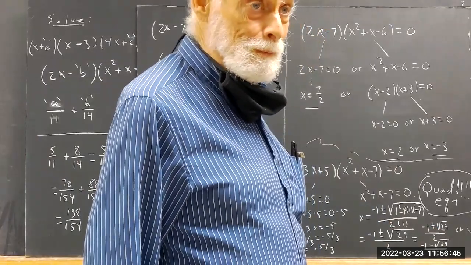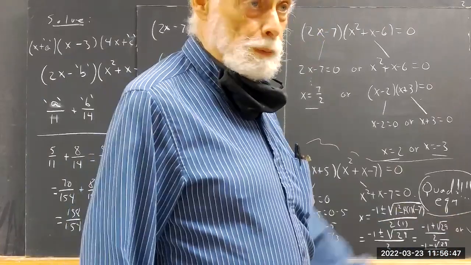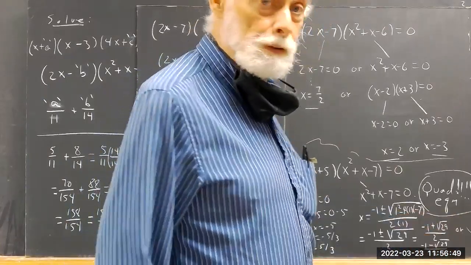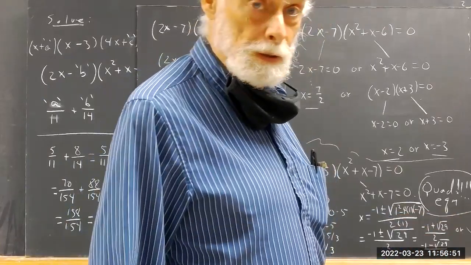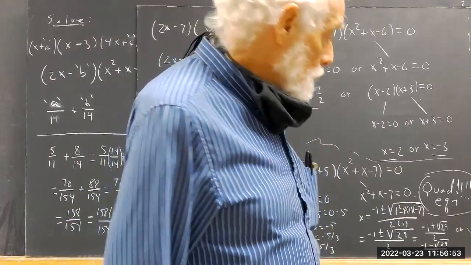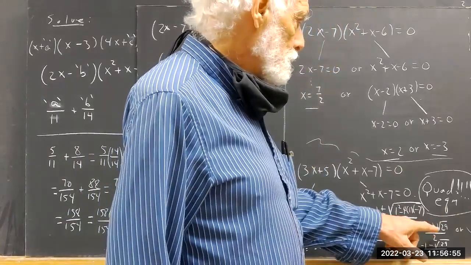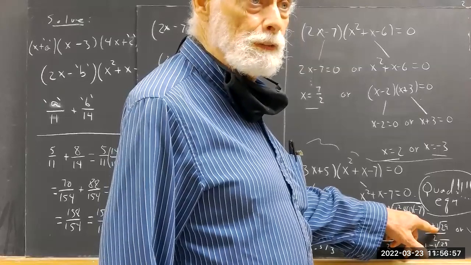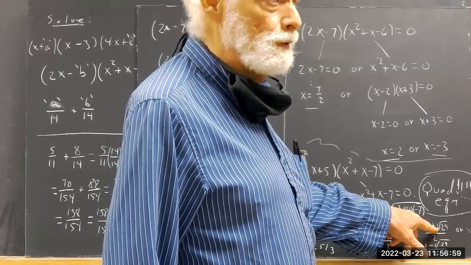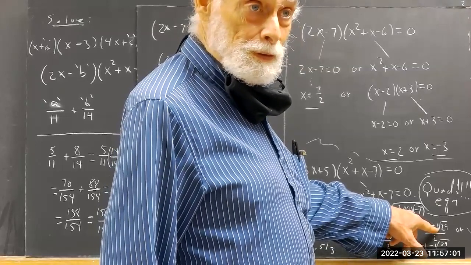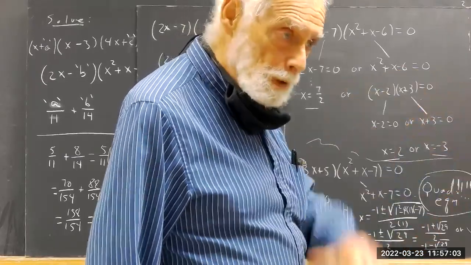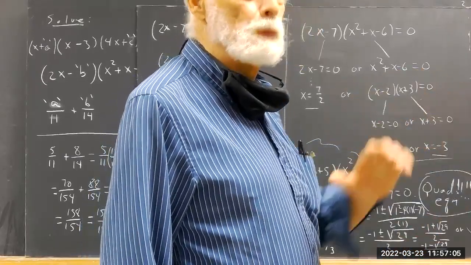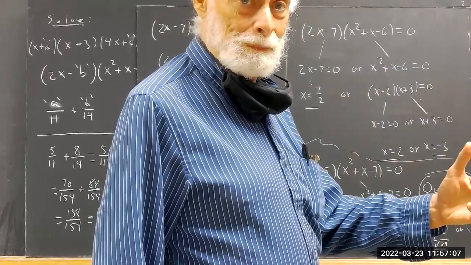Now you can use your calculator to get the square root of 29, and you need a calculator to do that. But I interpolate: square root of 25 is 5, square root of 36 is 6, right? So square root of 29 being between 25 and 36 is between 5 and 6.